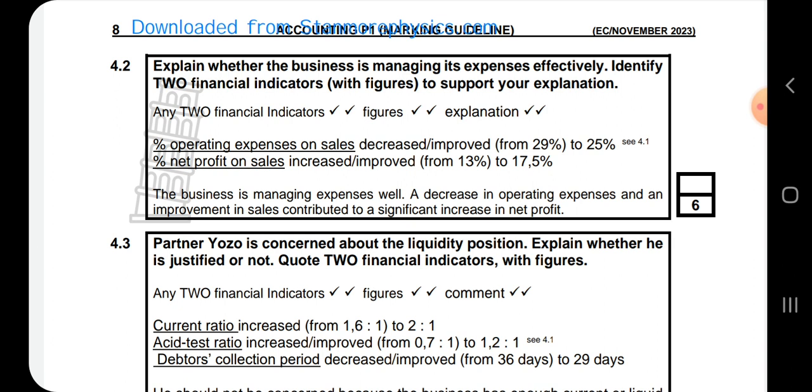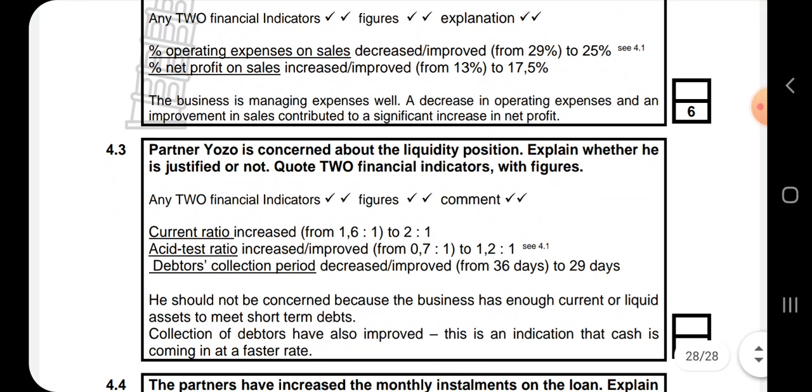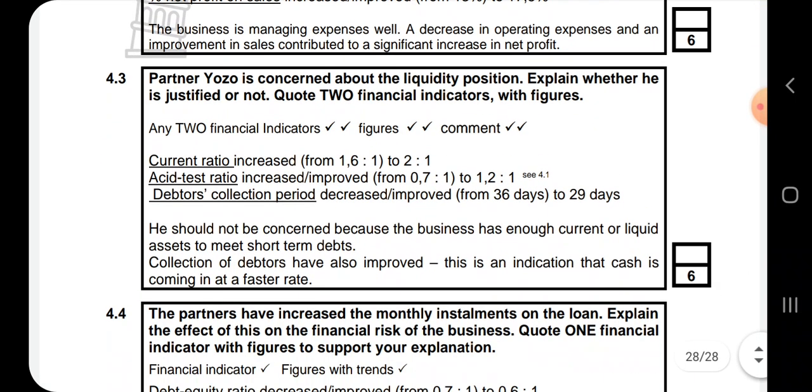So the business is managing its expenses effectively with that regard. And net profit on sales improved from 13% to 71.5%. So you see, the business is managing expenses well. A decrease in operating expense and an improvement on sales contribute to a significant increase in the net profit. So for 4.2, I hope you understand that one, guys, as well.